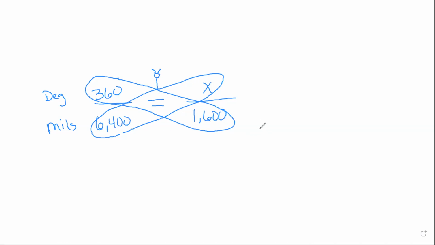I hope you get a calculator on this because I would struggle to do that by hand. I'm going to pull up a basic calculator. So we're going 360 times 1,600.